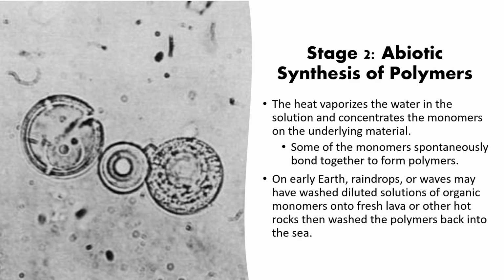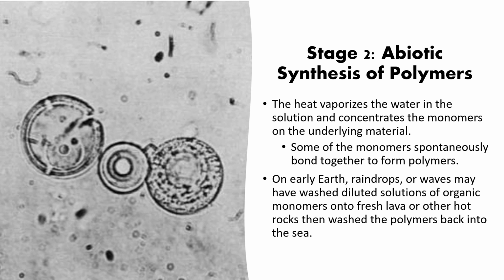It's believed that on the early planet, raindrops or waves would have washed up those diluted organic monomers, and if they washed up on fresh lava or hot rocks, they could then link to each other and form polymers, and those polymers could then go back into the sea.